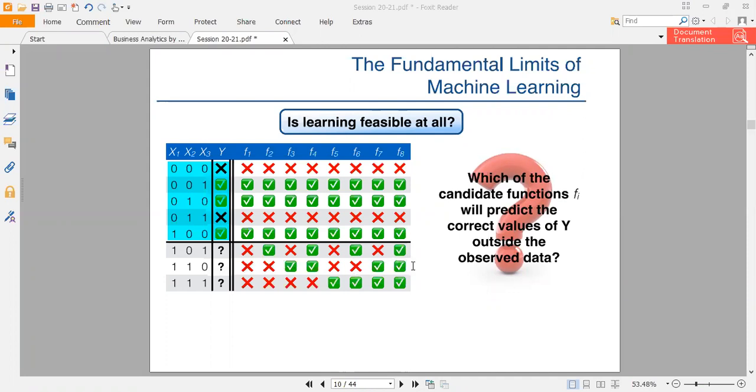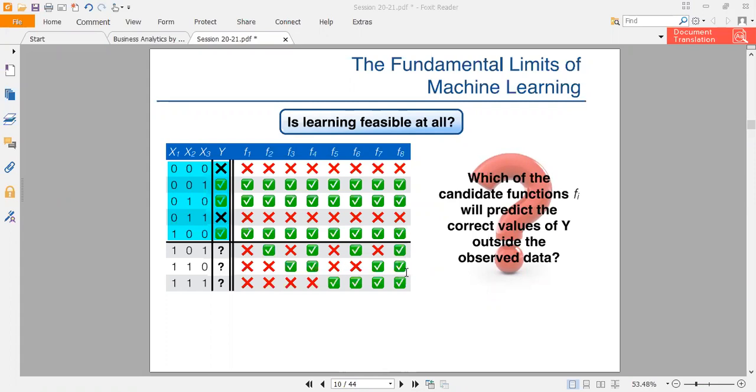Now, unless we have any additional information, any additional assumption that some of you are making, we cannot really say anything about this. ये सारे cases जो हैं they're equally likely.